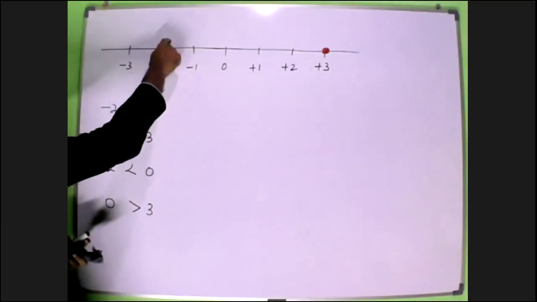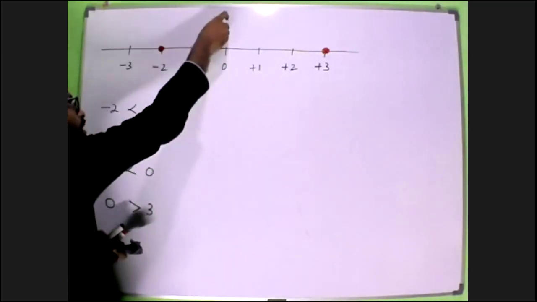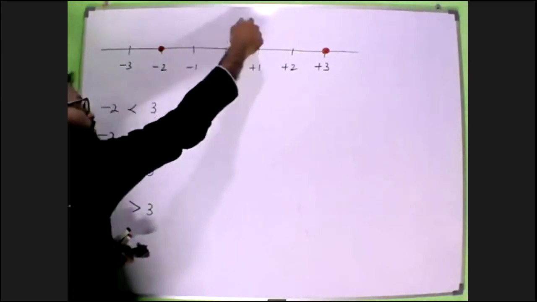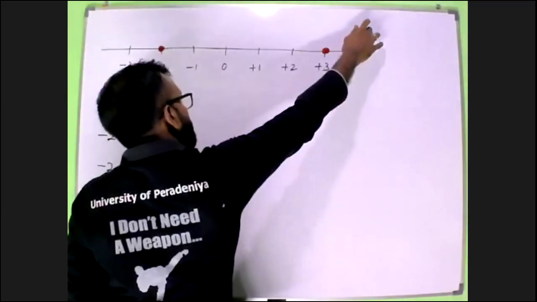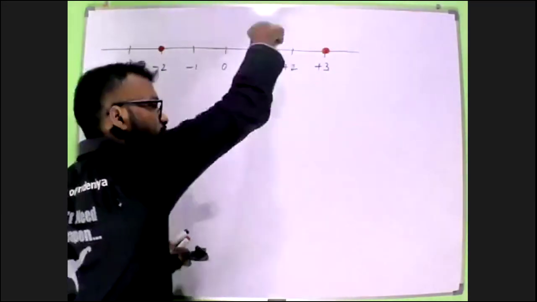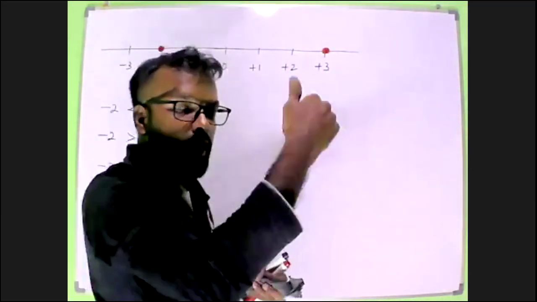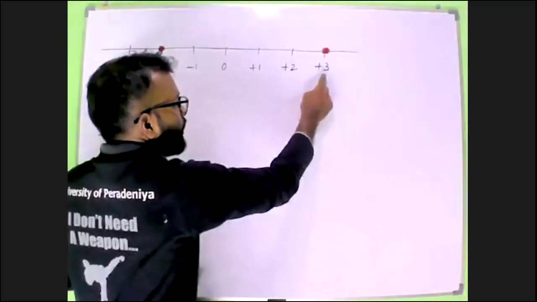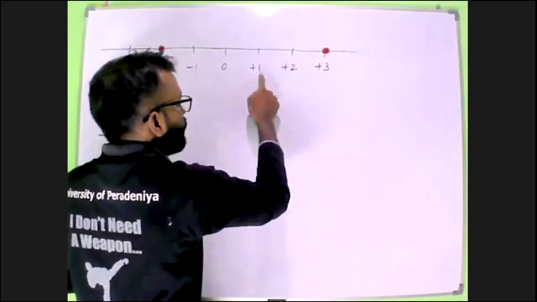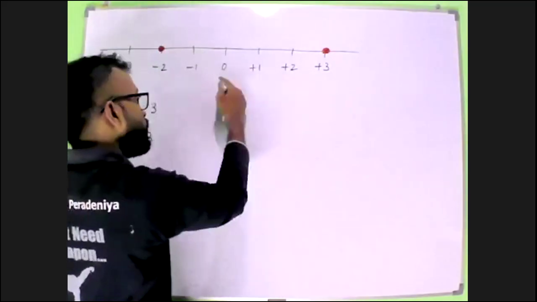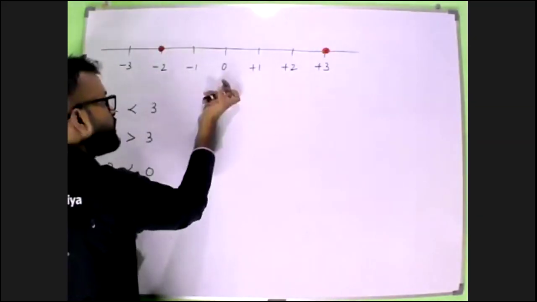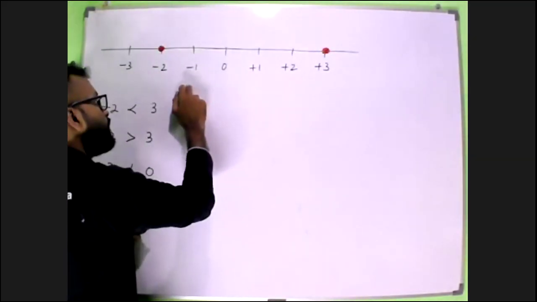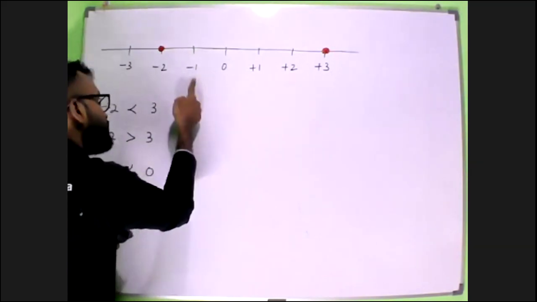Minus 2 here. So from the positive side to the negative side, the value is decreasing. 2 is less than 3. 1 is less than 2. 0 is less than 1. Minus 1 is less than 0. Minus 2 is less than minus 1.